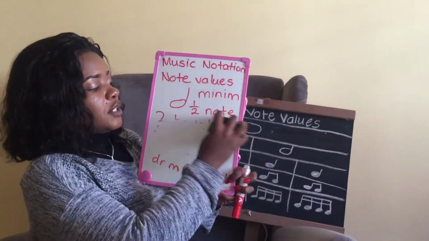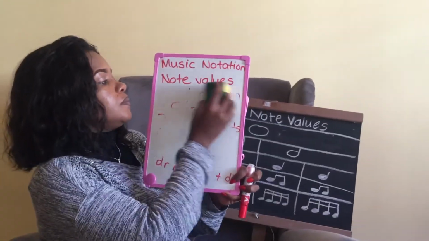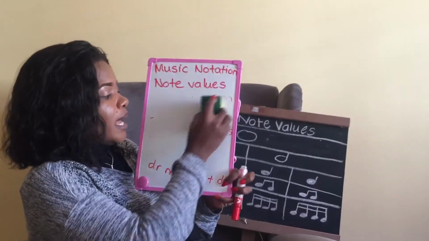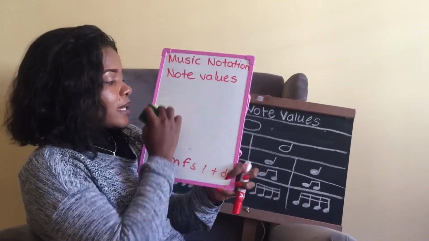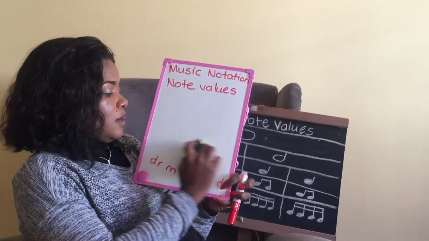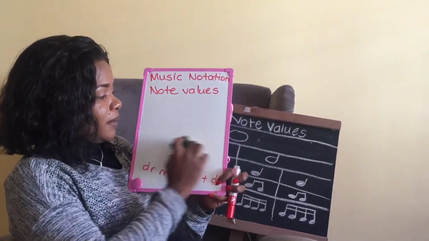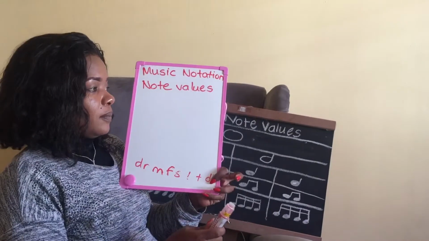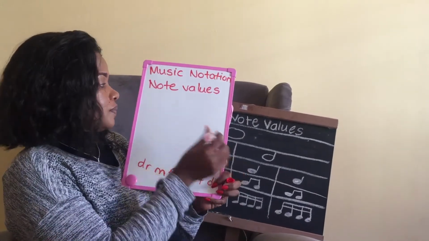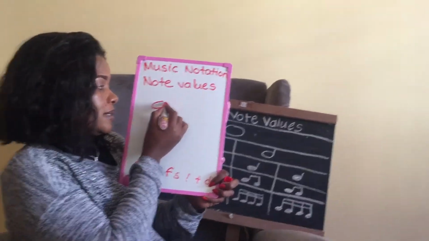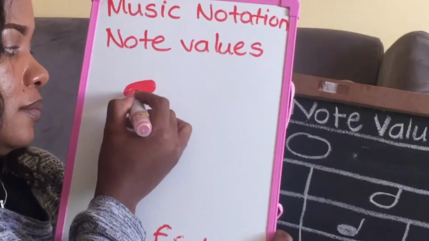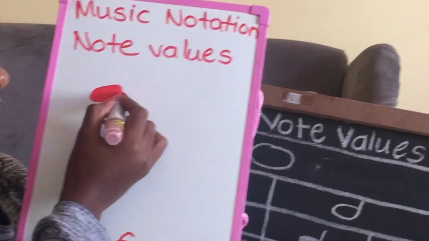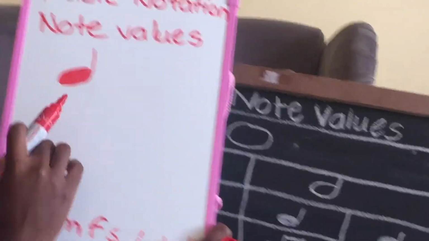Now we are going on to the next note that we use in music, and this one is very important because it's the one which guides us on how to play our beats. This one has a head, but now the head is shaded, and it also has a stem.